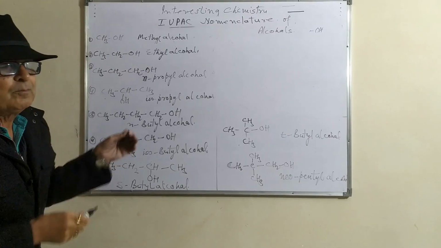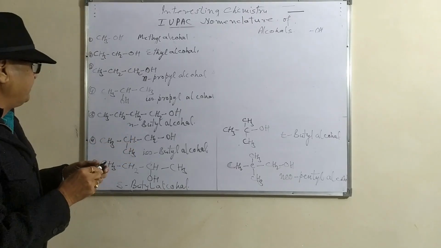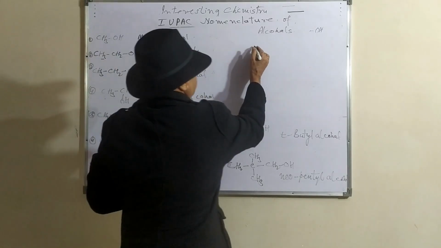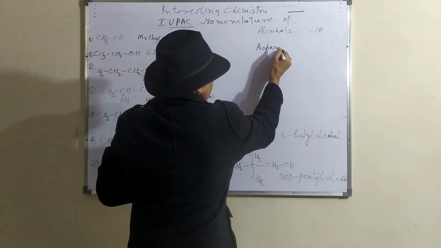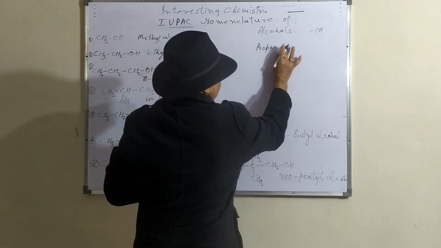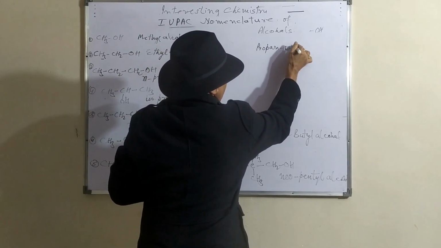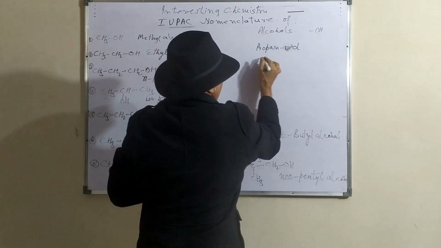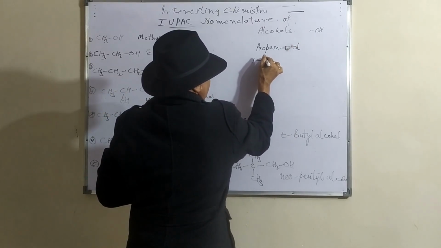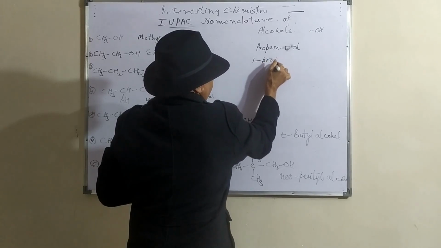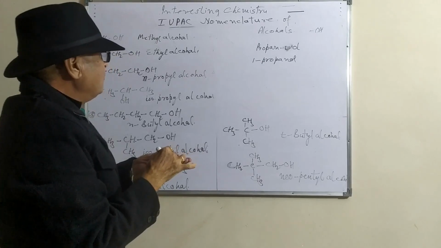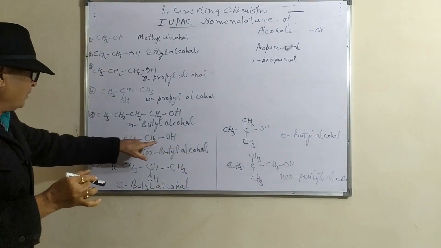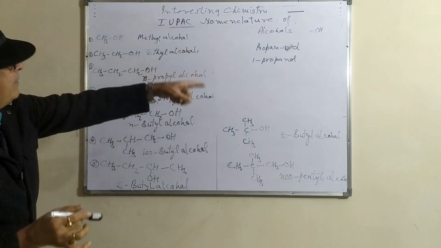So the parent name of this compound will be propanol, propan-1-ol or 1-propanol.